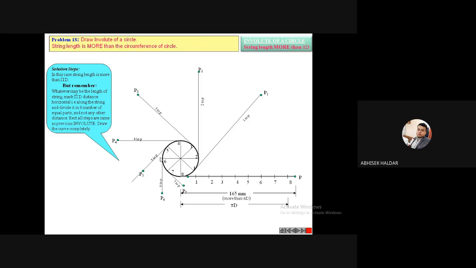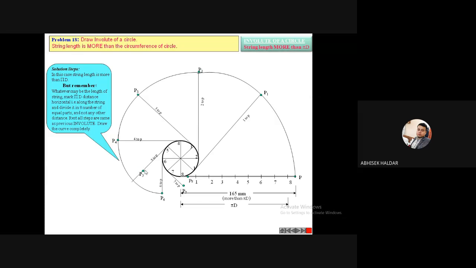So once I have got all these points, I have to join them. This is P8. Now whenever I join, I will start from P. Again, don't make this mistake. Don't start from this 8, because up to 8 is my pi d length, but actually my string is larger than pi d. So starting from this point P, just join these points by smooth freehand.